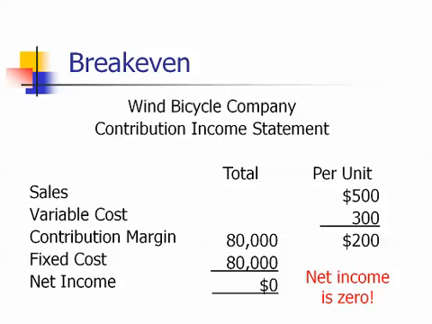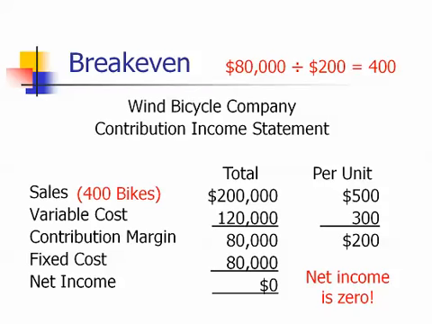The key question then becomes, at the contribution margin of $80,000 and a contribution margin of $200 per bike, how many bicycles must Wynn sell in order to earn that total $80,000 contribution margin? We find our answer by dividing the $80,000 contribution margin by our $200 contribution margin per unit, and find we must sell 400 bicycles to break even.